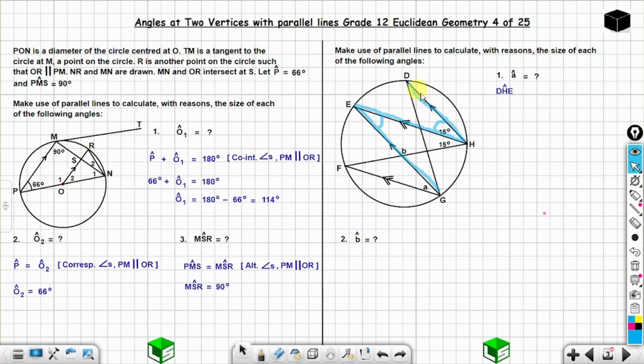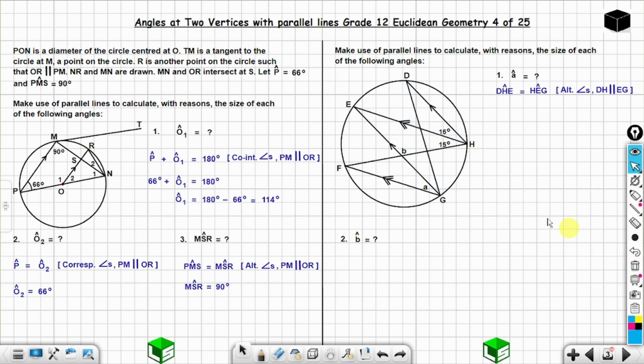DHE is equal to the angle HEG. So the reason is alternating angles, DH parallel to EG. You have to state which two lines are parallel to each other. So you are going to have this equal to 15 degrees.